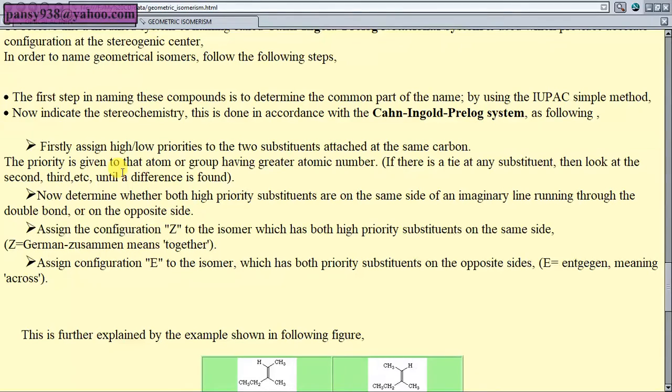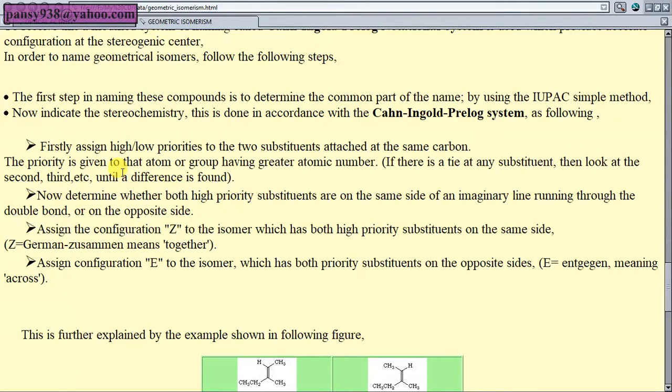And if there is a tie at any substituent, meaning they have the same atom with the same atomic number, then look at the second and then the third member in the chain, until a difference is found.